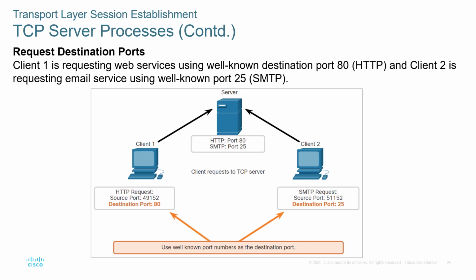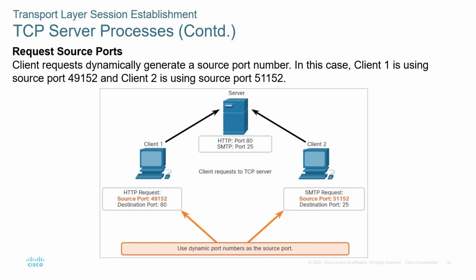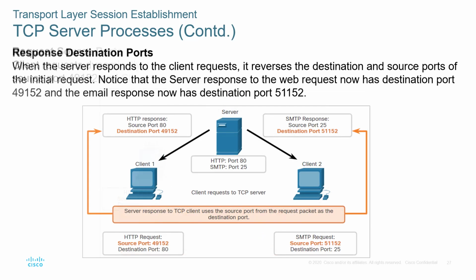So they're requesting the destination port, again port 80, port 25, that's going to be the key application running on the server. Then the source port is normally a dynamic or randomly generated port that will be used to uniquely identify the individual client. For the response, the server is going to reverse the ports.